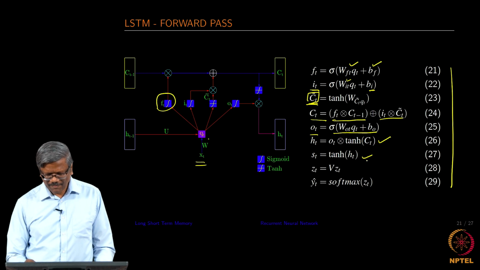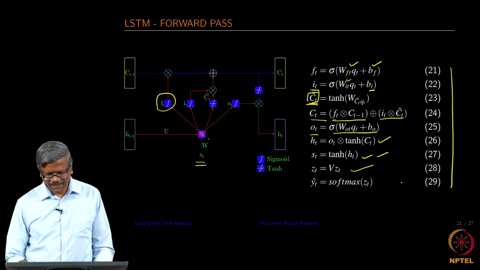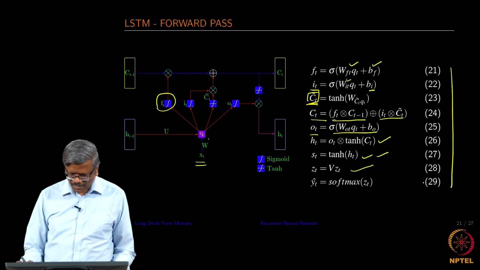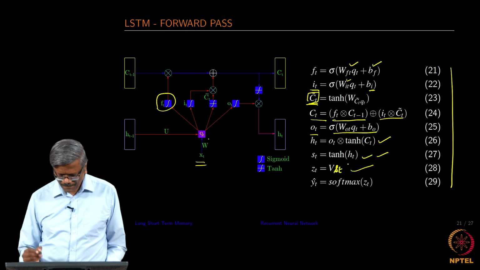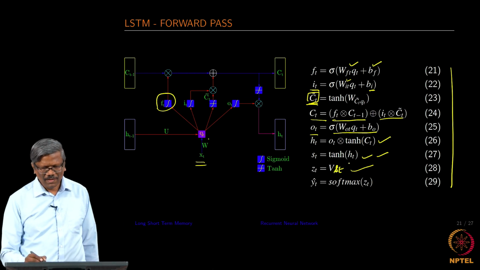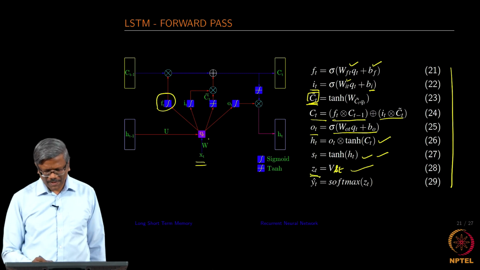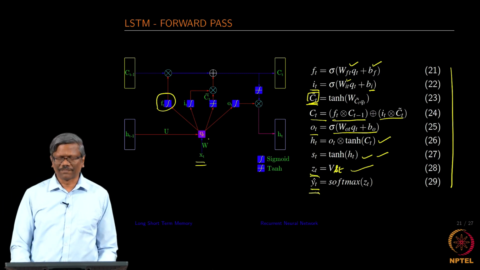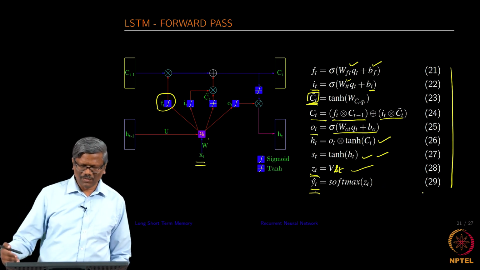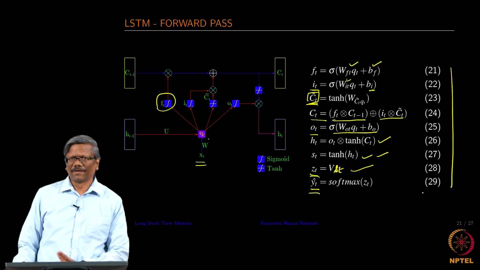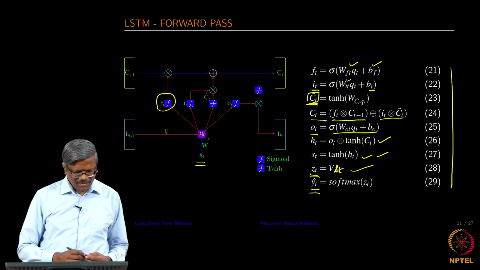Okay, and then we compute the state of that, and then we compute the, this is ST, right. Output net output, and then we compute the softmax values, and then do the back propagation of this, so that all the errors are corrected, and we have a stable network.